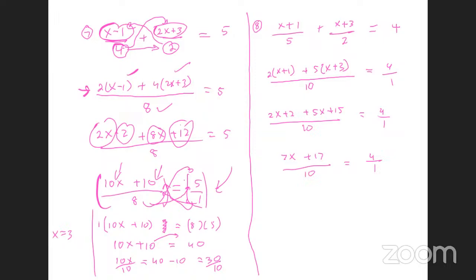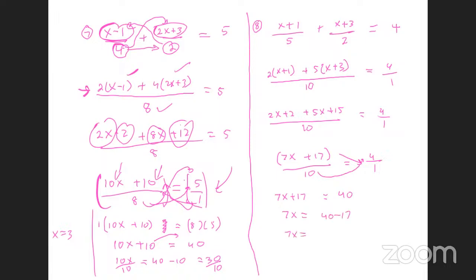Now we have two fractions with an equal sign in the middle, so we can cross multiply. I'm going to multiply 7x plus 17 by 1, and I'm going to multiply 10 by 4, which is 40. Carry across 17, that'll give you 7x is 40 minus 17.